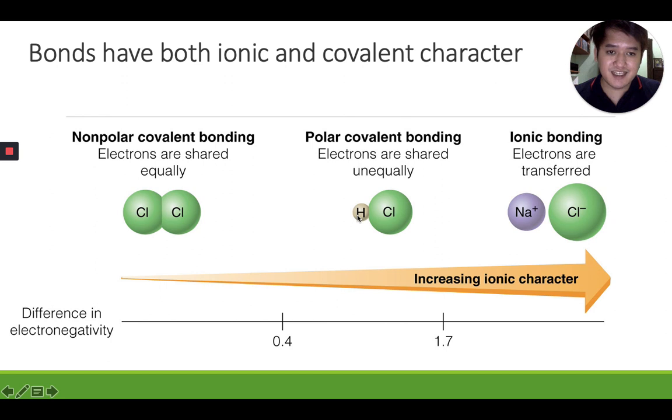If the electronegativity difference falls between 0.4 and 1.7, we consider it polar covalent. And if electrons are transferred and you see charges, we consider that bonding to be ionic already. So this is actually a spectrum of ionic character.